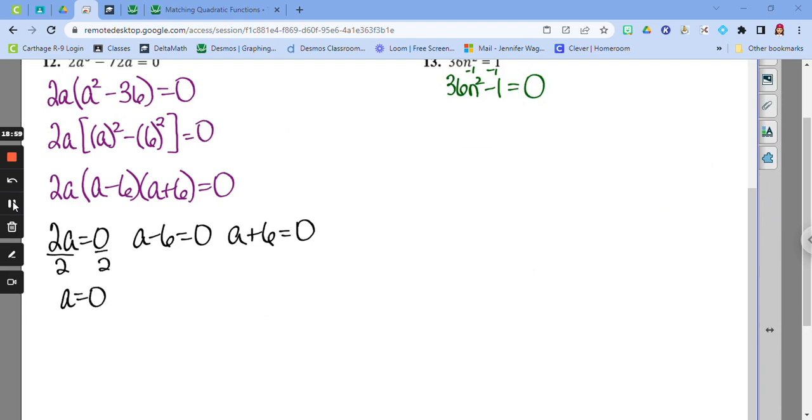A is 0. On the second one, add 6 to both sides. A is 6. On the last one, subtract 6 from both sides. A is negative 6.